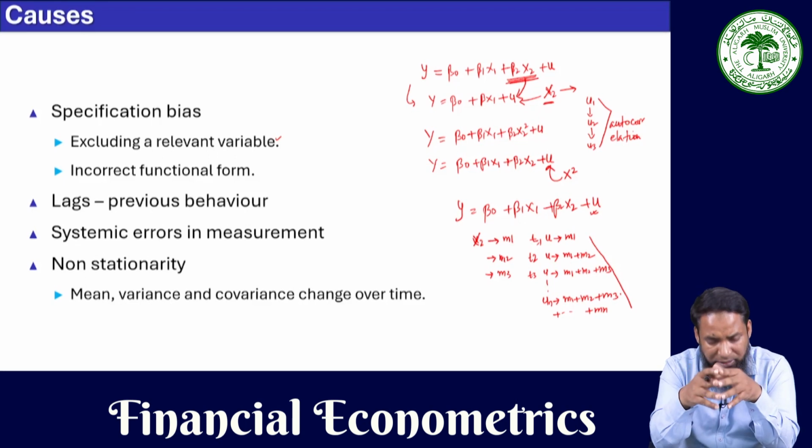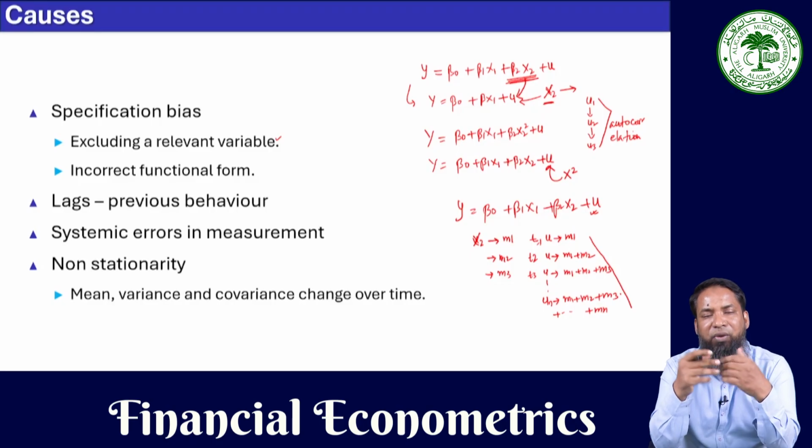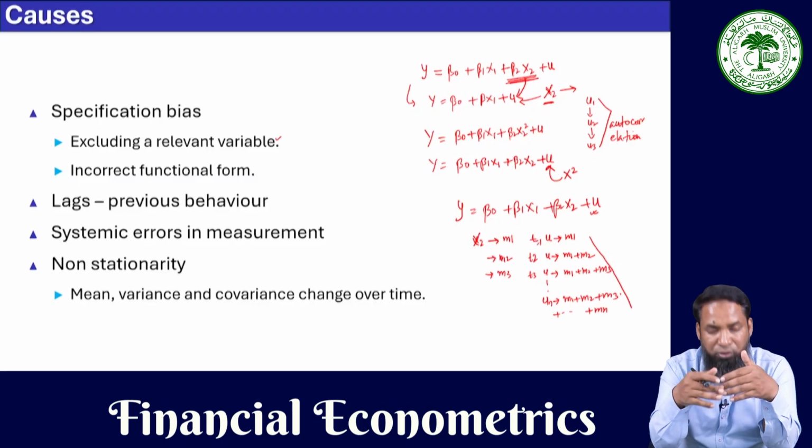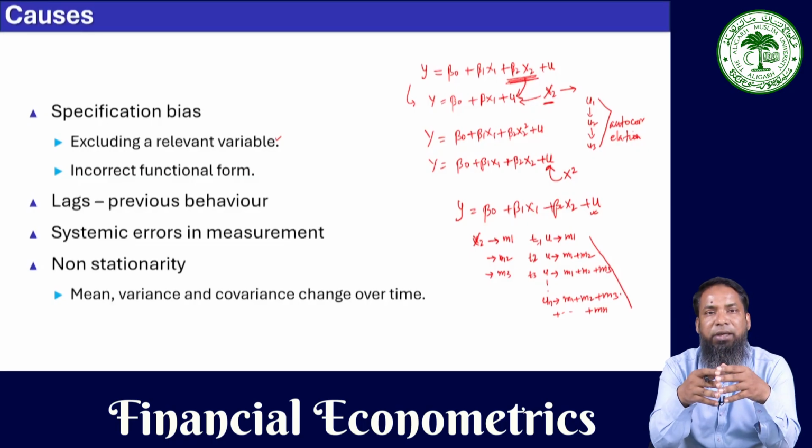So, we will have a detailed discussion on the concept of non-stationarity and its impact, and why we have to resort to different tools and techniques. That is a quite extensive part of this course on financial econometrics. So, the fourth issue due to which there may be the presence of autocorrelation is non-stationarity.